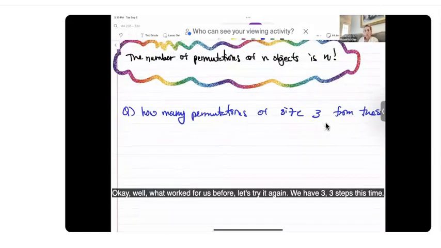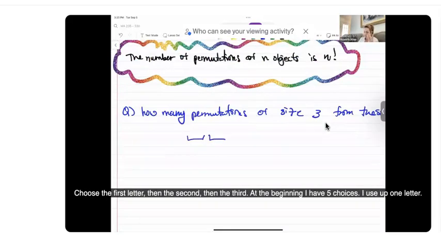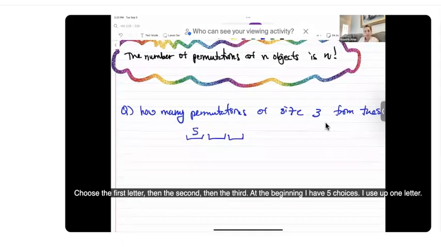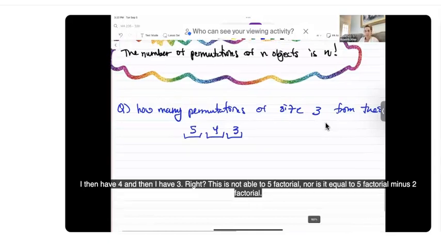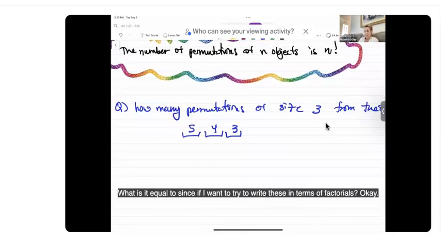Okay, well, what worked for us before, let's try it again. We have three steps this time. Choose the first letter, then the second, then the third. At the beginning, I have 5 choices. I use up 1 letter. I then have 4, and then I have 3, right? This is not equal to 5 factorial, nor is it equal to 5 factorial minus 2 factorial. But what is it equal to, if I want to try to write these in terms of factorials?